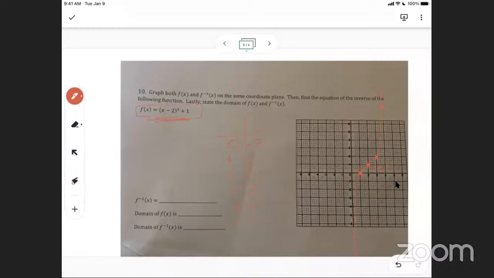The reason I want to write that is because one of the ways of finding an inverse, which I'll do in yellow, is you just flip the coordinates. So for f inverse of x, your point would be -7, 0. I'm flipping the x's and the y's. 0, 1, 1, 2, 2, 3, 9, 4.